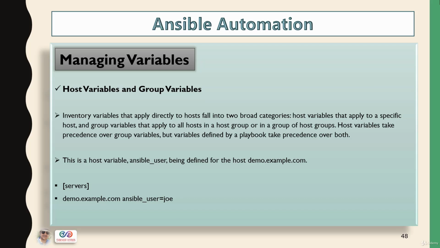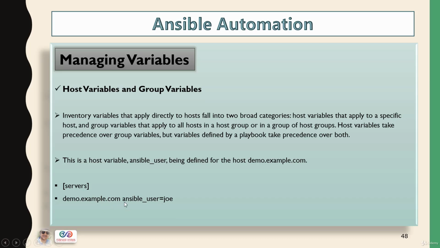Inventory variables that apply directly to hosts fall into two broad categories. The first is host variables, which apply to a specific host, and the second is group variables, which apply to all hosts in a group. To understand this, I have taken a very simple example. Here you can see the name of a group that you can define in an inventory file, servers, under which we can have multiple servers like demo.example.com, and maybe a few more servers in that group.